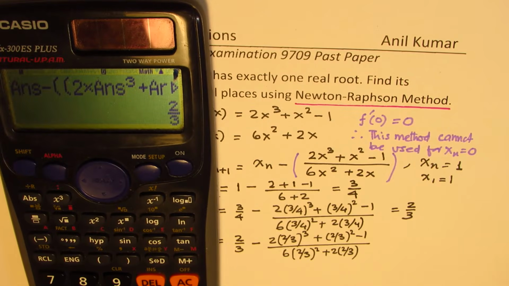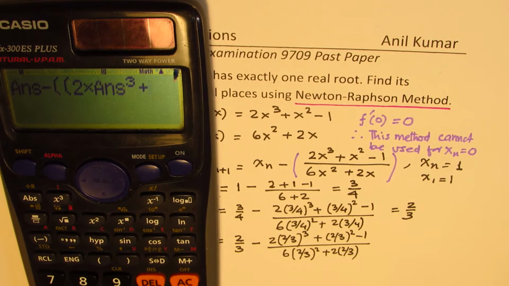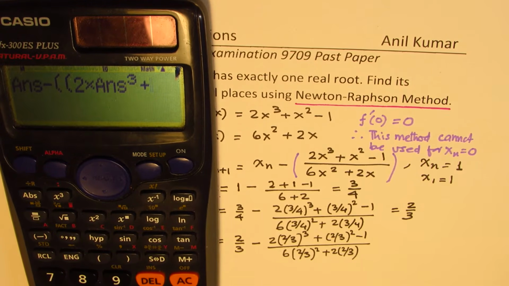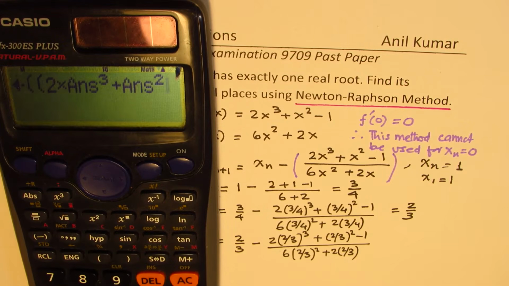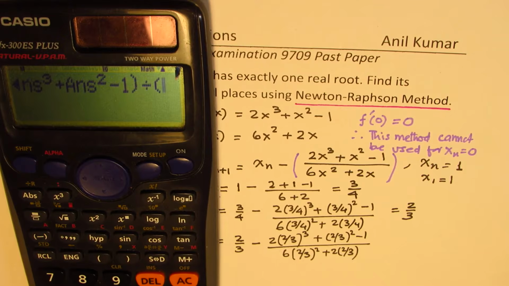We have this answer minus 2 times answer cube plus answer square minus 1, bracket close, divided by bracket open 6 times answer square plus 2 times answer, bracket close, equals.